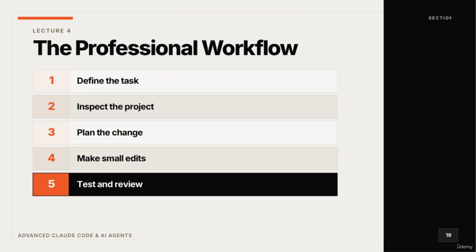After planning, it's important to make small edits rather than large-scale changes all at once. This approach helps minimize errors and allows for easier troubleshooting. Finally, we test and review everything to ensure the changes meet our goals and function properly. Following these steps helps maintain quality and control throughout the process.